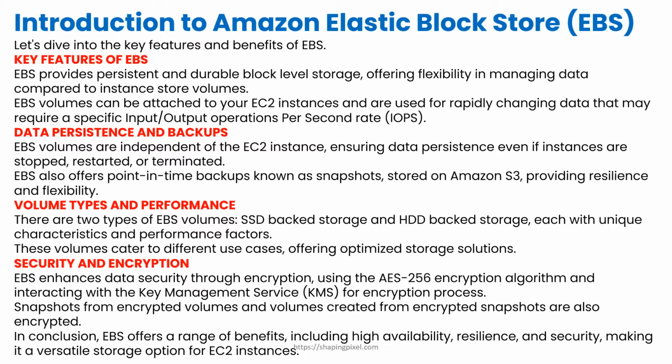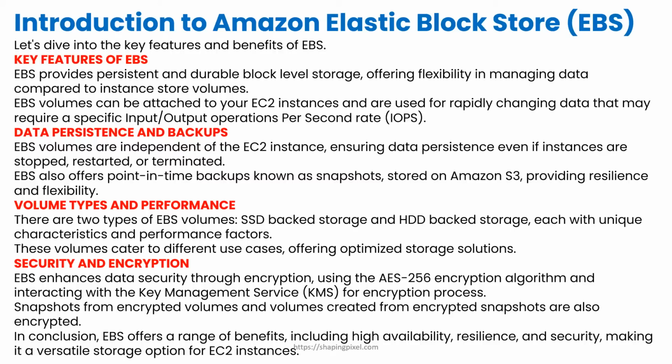EBS volumes can be attached to your EC2 instances and are used for rapidly changing data that may require a specific input-output operations per second rate. EBS volumes are independent of the EC2 instance, ensuring data persistence even if instances are stopped, restarted, or terminated. EBS also offers point-in-time backups known as snapshots stored on Amazon S3, providing resilience and flexibility.